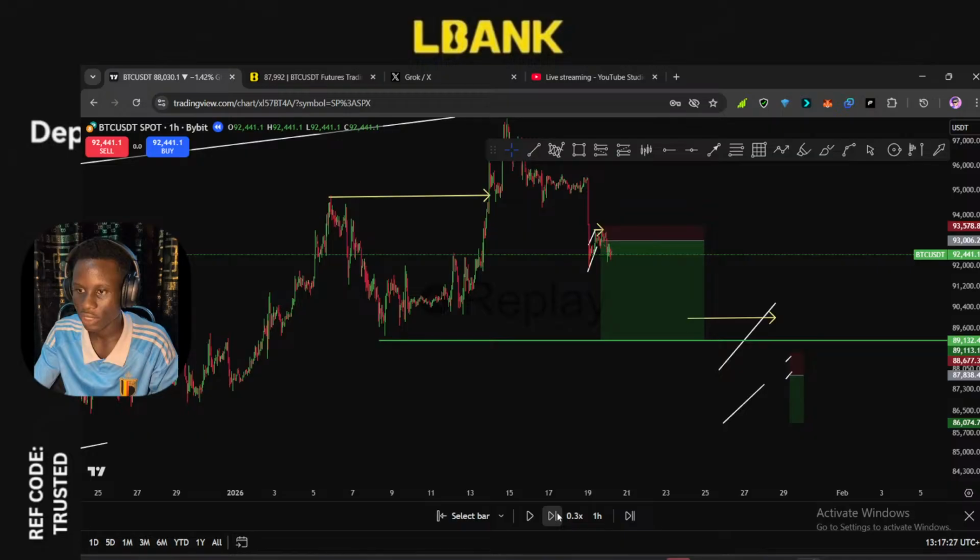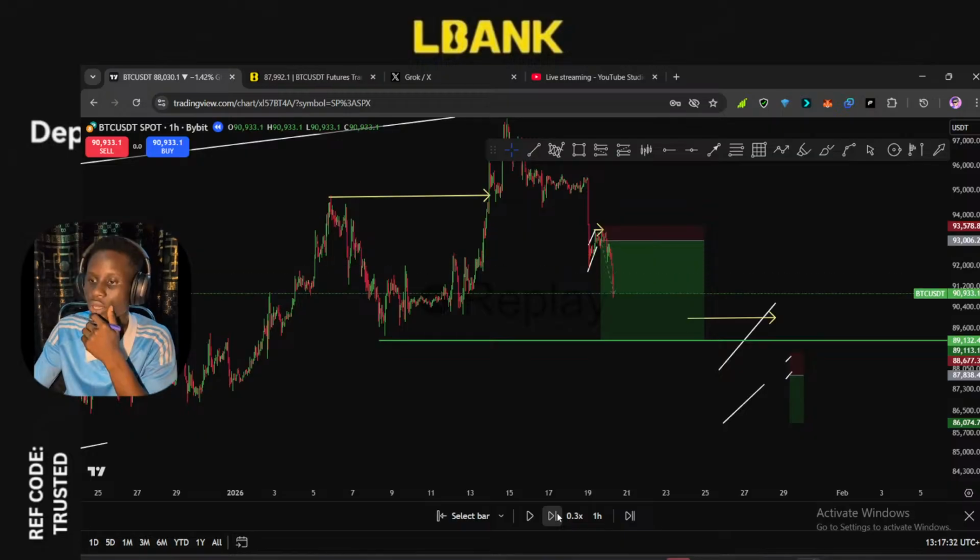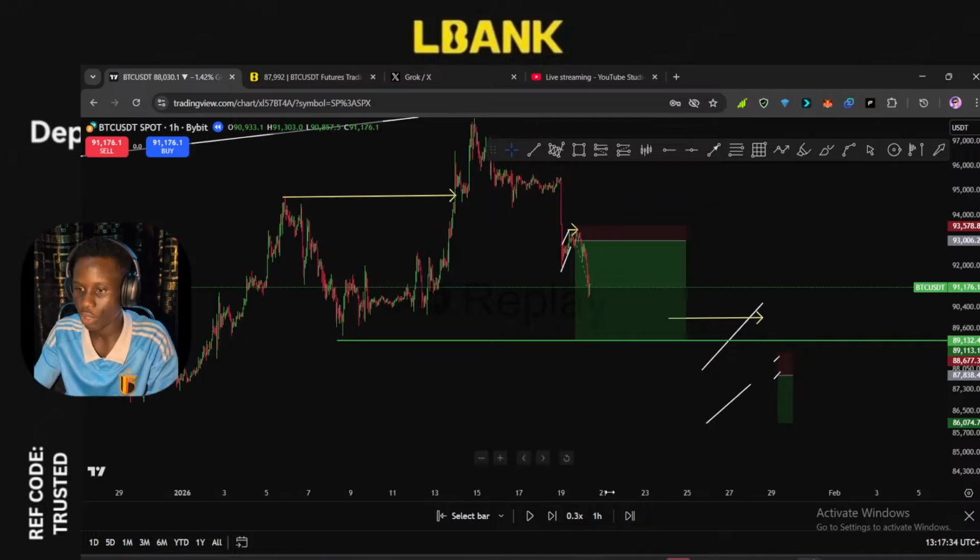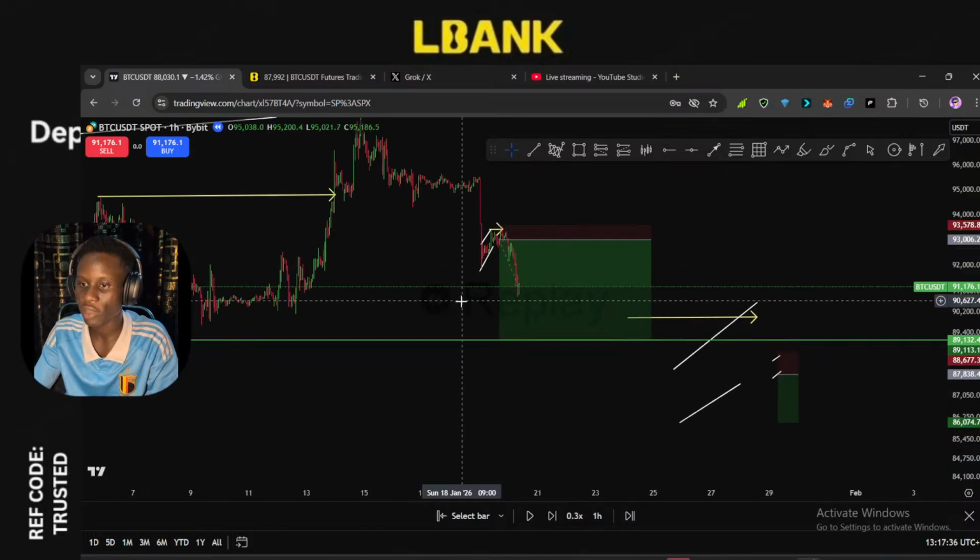You can see we were close to the breaking even, but we were not taken out, right? So okay, immediately we broke the support level of this steep pattern.